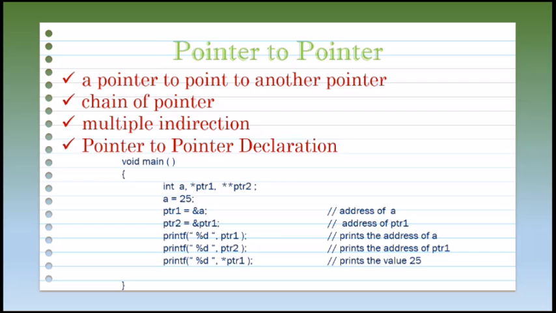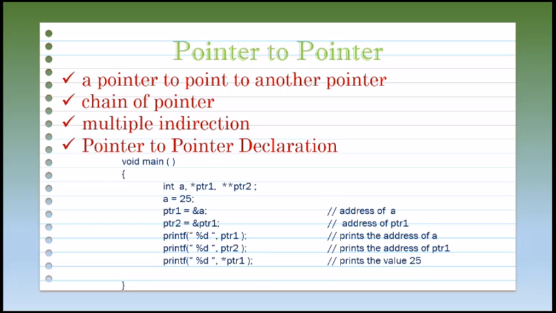The address of a holds the value 25, so that will be printed on the screen. Just see the difference between ptr1 and star ptr1 while printing. When you print a pointer variable without any operator, it will print the address held by that pointer, whereas when you use star ptr, the value which is stored at that address will be printed.